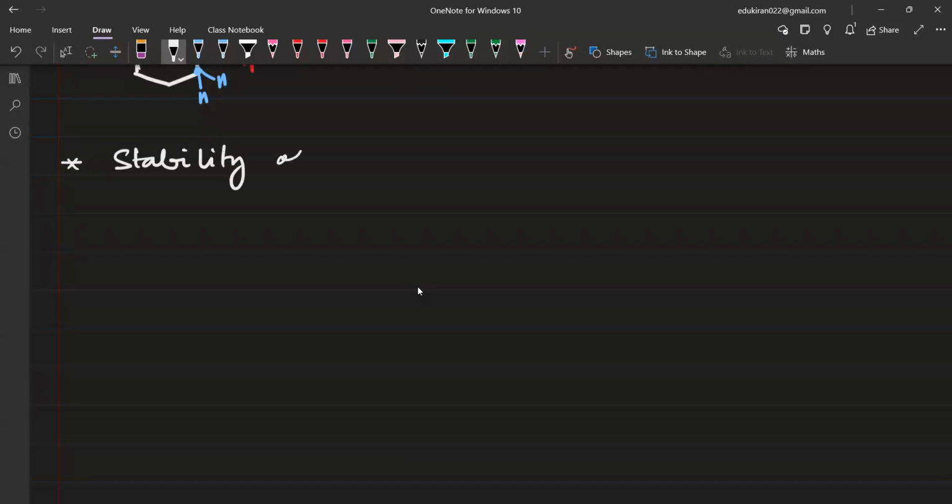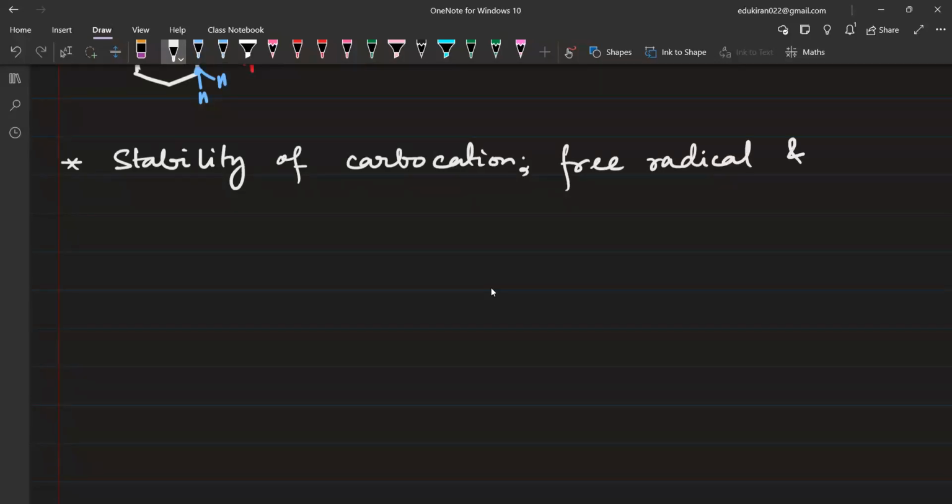Stability of carbocation, free radical, and alkenes is given by hyperconjugation.